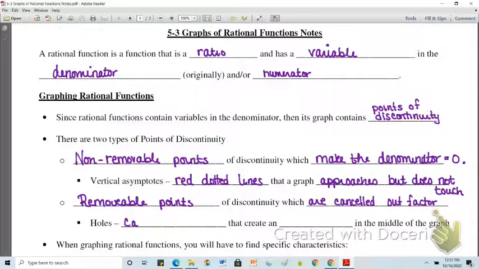So a hole is a canceled out factor that creates an open point in the middle of your graph. Now the thing you need to be careful of, whether you use Desmos or your graphing calculator: your graphing calculator, unless you go to the table, is not going to show a hole, and neither will Desmos. So this is something you have to do algebraically to know where to put it.